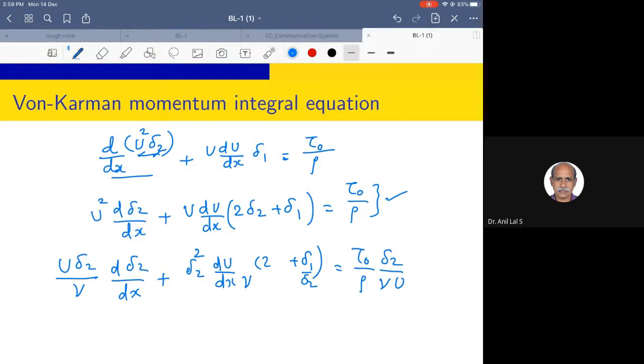So this can be written again with delta 1 by delta 2 there, and delta 2 divided by delta 1 squared. This way, the equation is rearranged to write it in this form.